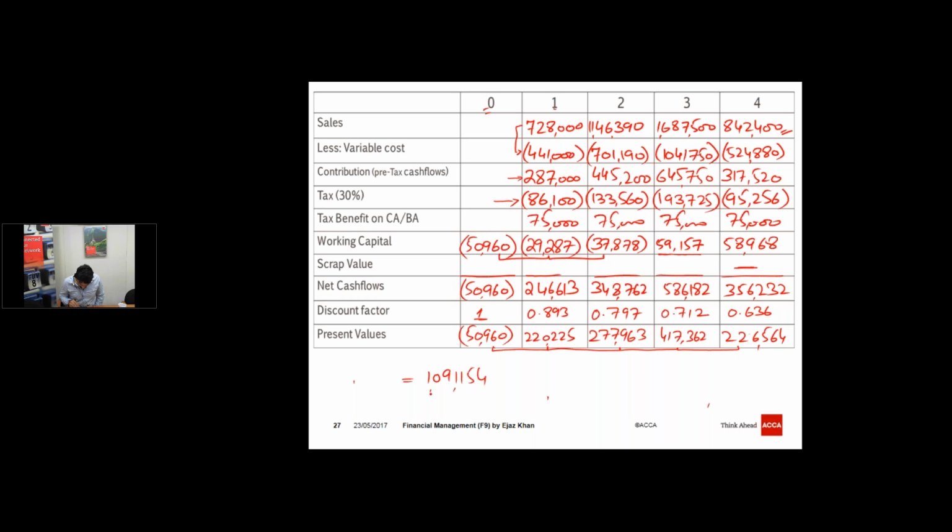I hope you have subtracted 50960 from this figure. Okay, what's the initial investment? 1 million. Okay, so what's the net present value? 91154. This is the net present value. So it's positive. If the question asks us to recommend what should be done, the answer will be to go for the project since it has a positive net present value of 91154.